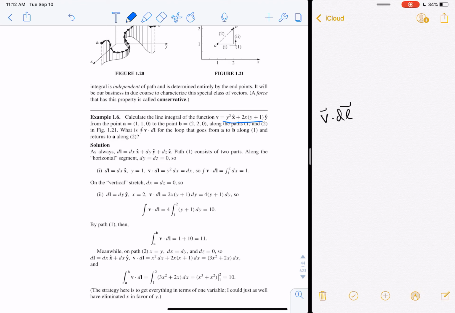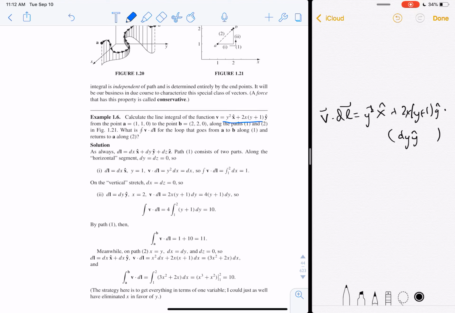dotted into just dy y hat. If we do that, we get y squared x hat times dy y hat plus 2x times y plus 1 y hat dotted into dy y hat.